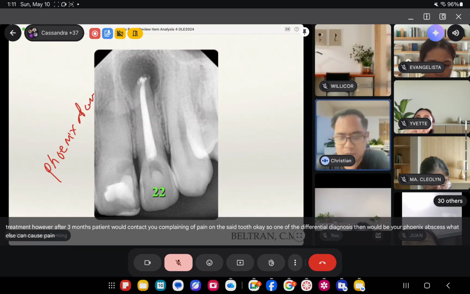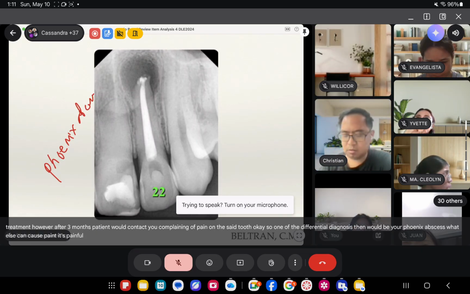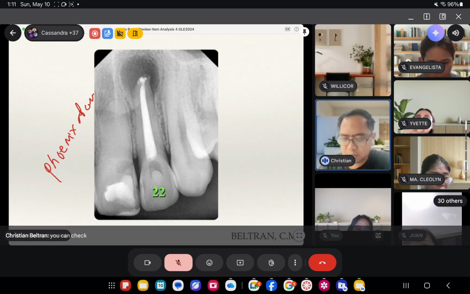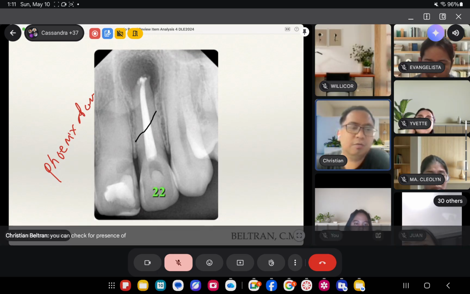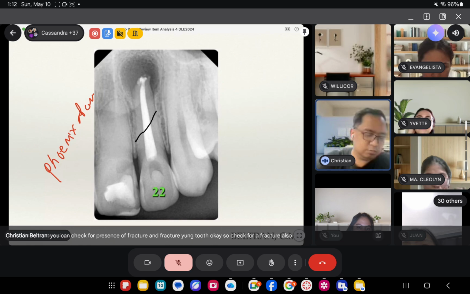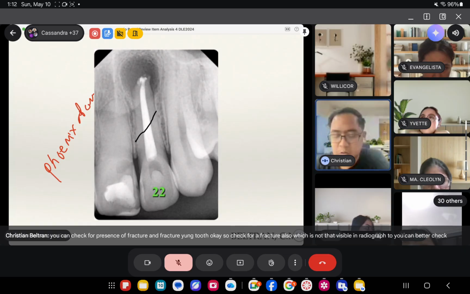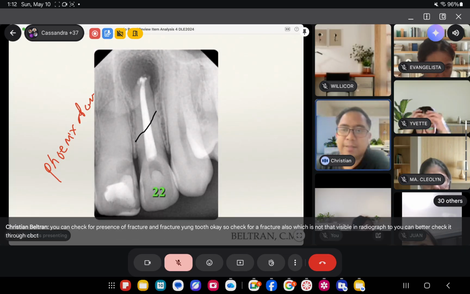Tapos na yung root canal treatment, it's painful. You can check for presence of fracture. And fracture yung tooth. Okay, so check for fracture also, which is not that visible in radiograph. So you can better check it through CBCT, right?